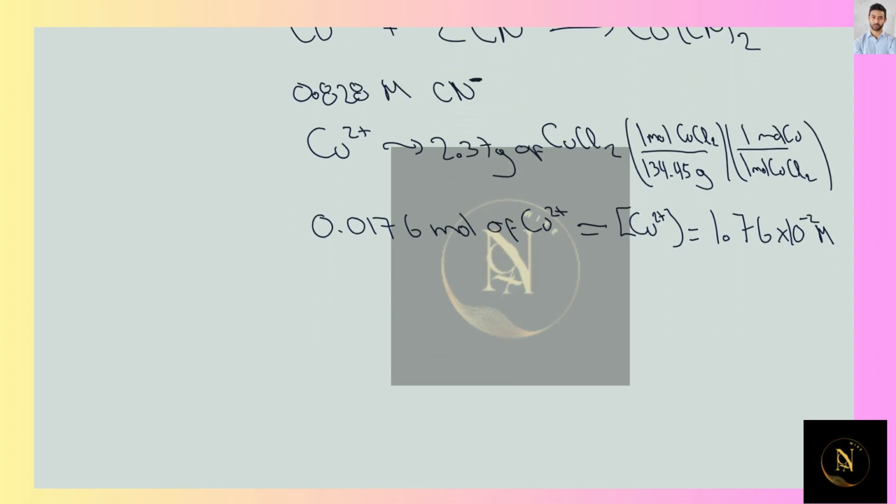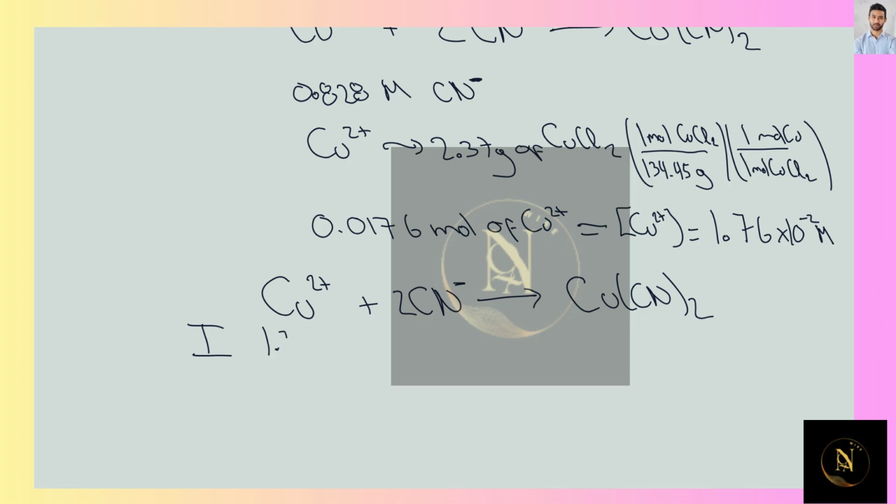So with this, we can proceed with our ICE table, and using the formation constant, we find the values for copper and for cyanide. Initially, we're going to have 1.76 times 10 to the minus 2.